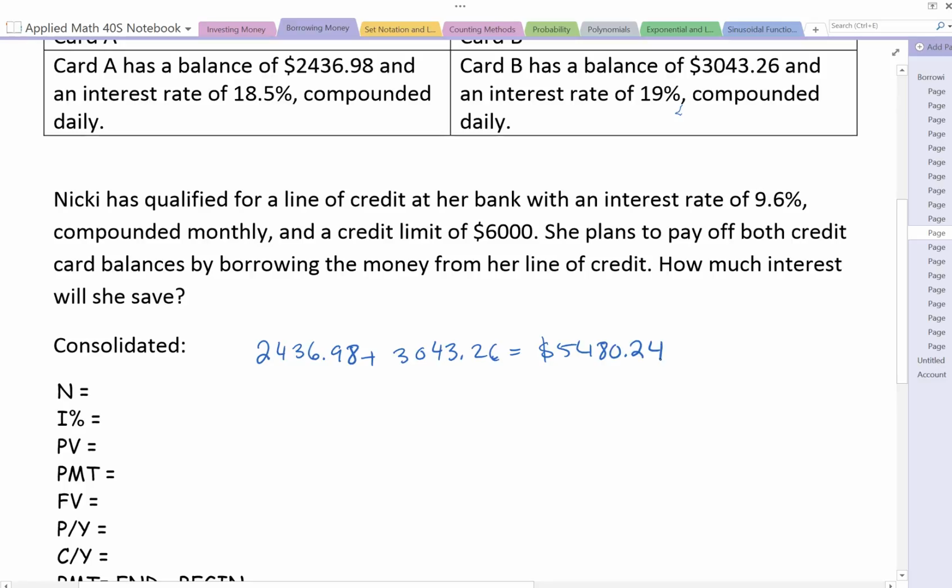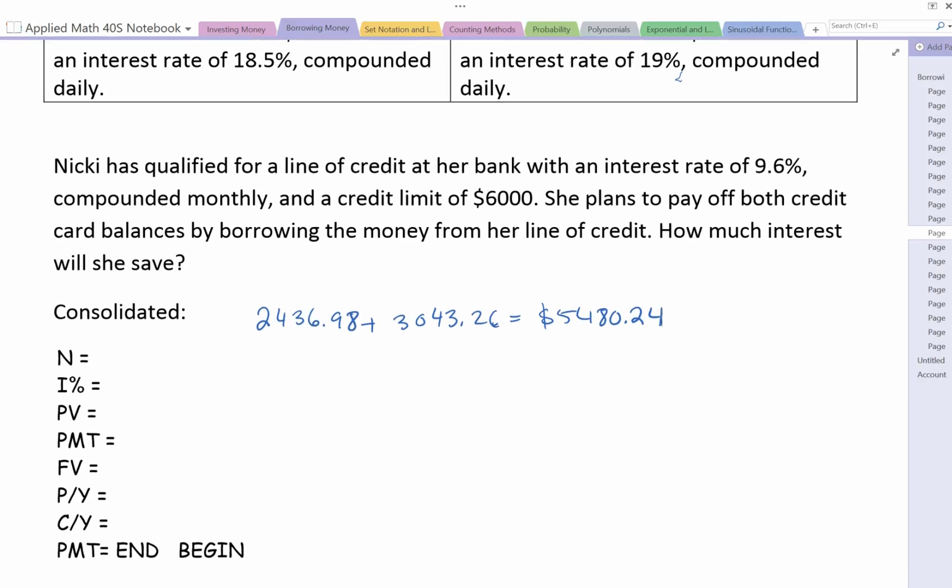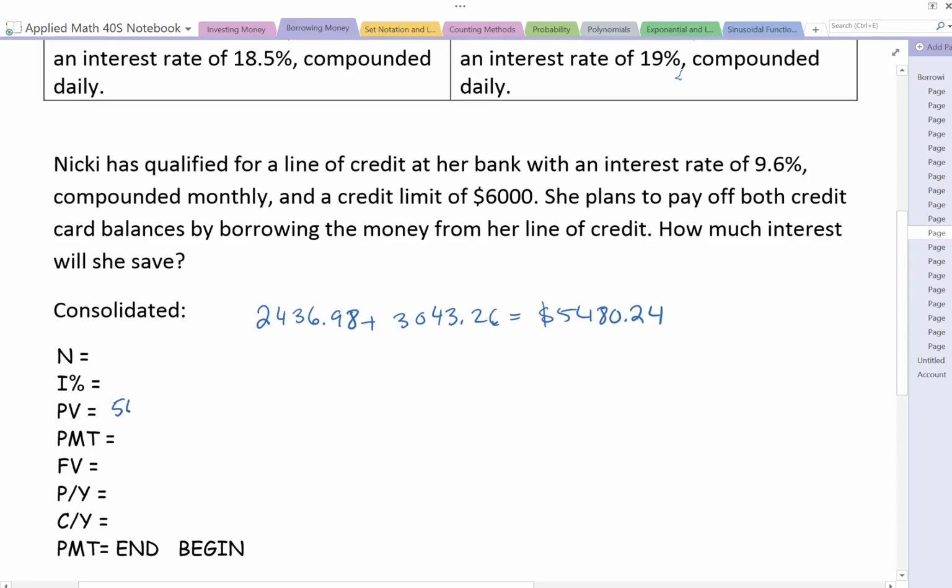So that's the amount when you consolidate. Consolidate means you're putting it together, put all your debt together, now that becomes your new loan. That's how much money you want to borrow off of your credit line. So we've got $5,480.24 being borrowed from your credit line.